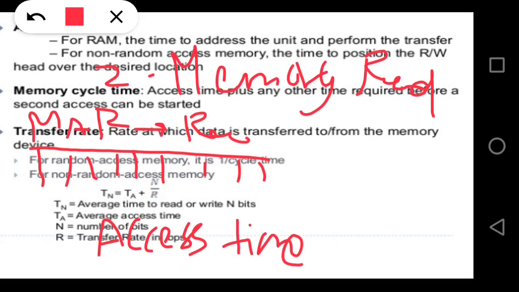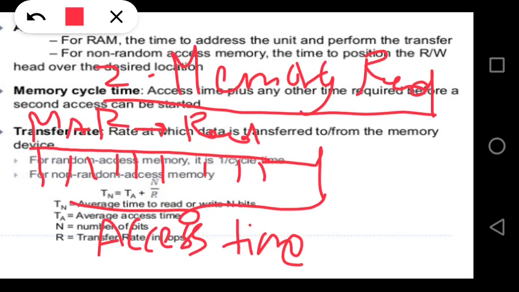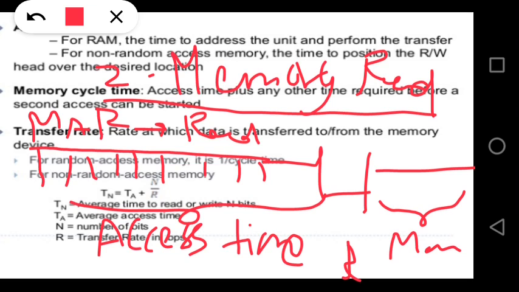So this is called one memory read operation. Next, we need two consecutive memory read operations. Now it takes some time. Again, another second memory read operation starts. So what is this time required for? Just to organize the memory elements internally.